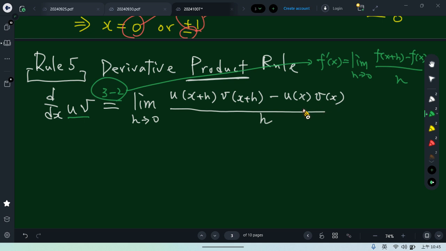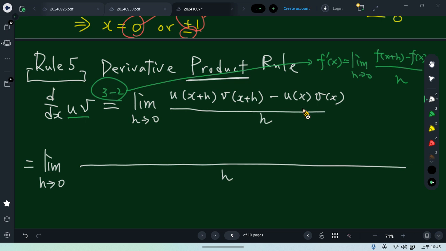Then we continue to expand it. We already have this term, u of x plus h times v of x plus h. In the middle, we can subtract one special term, u of x plus h times v of x. Because we subtract this additional term, we need to add it back.